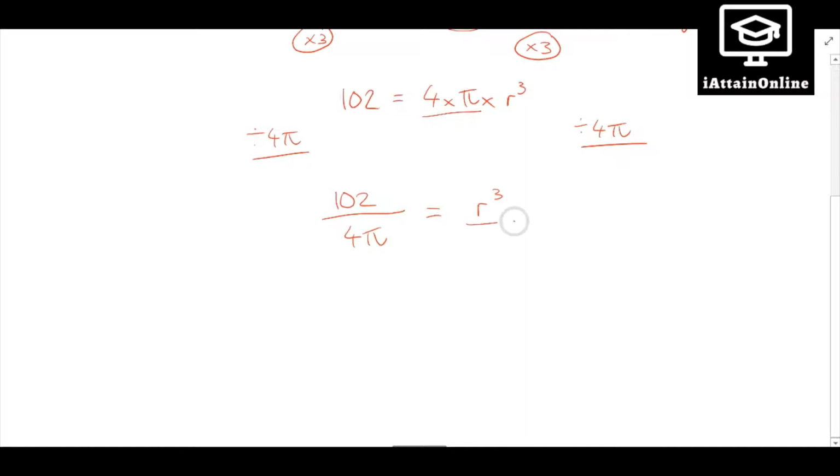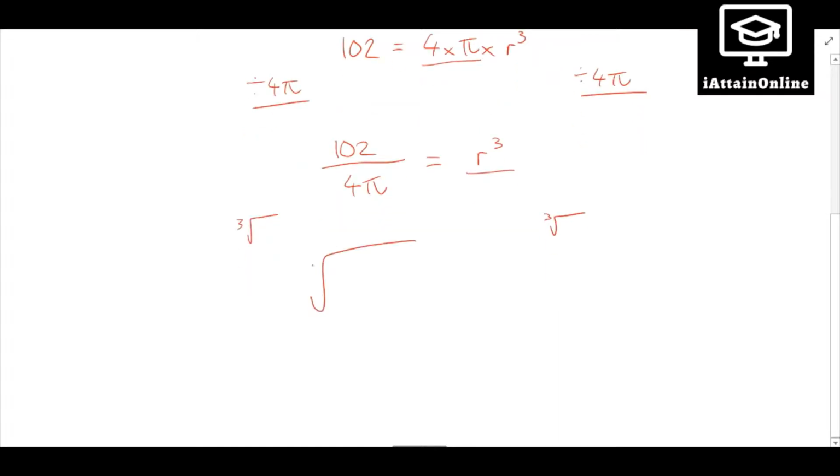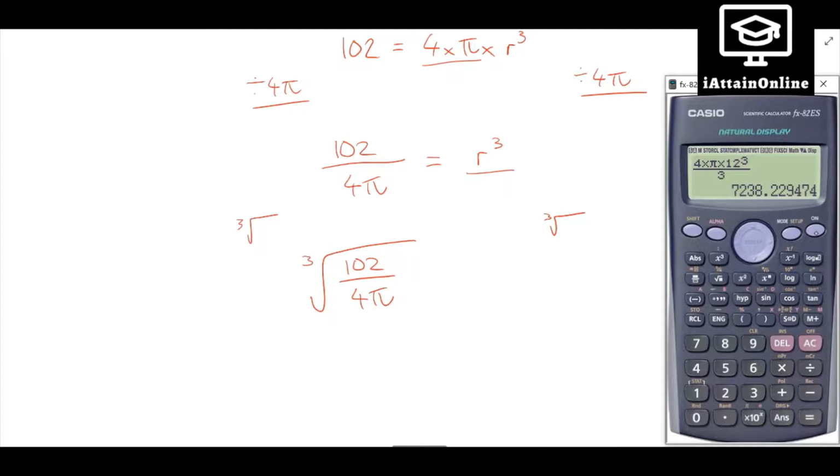So now if the radius cubed is equal to 102 over 4 pi, I'm going to cube root both sides of this equation. So I'm going to cube root the whole thing. And when I come to use my calculator here, I'm going to use the cube root button, which is above the square root button.